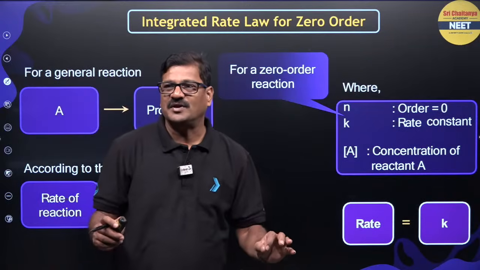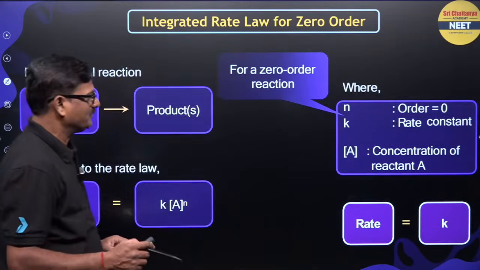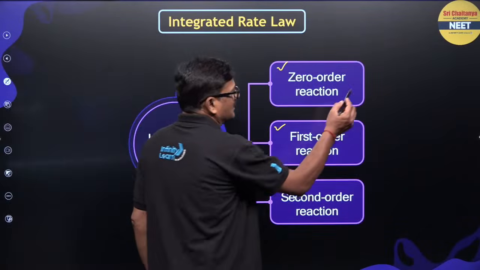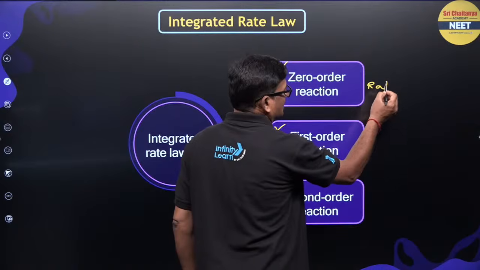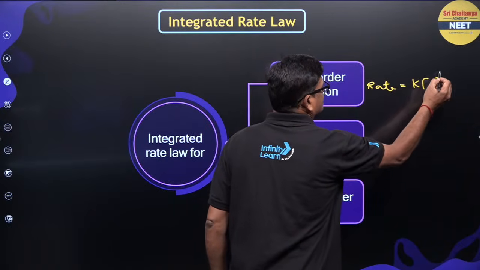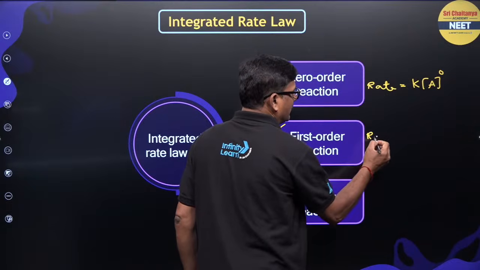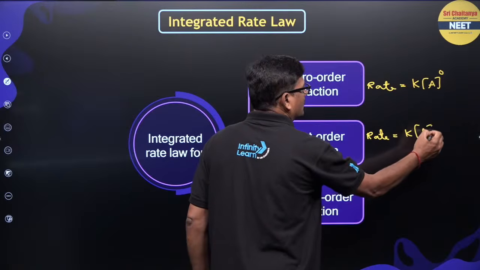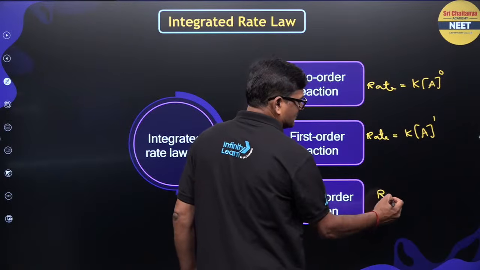What is the meaning of a zero order reaction? Look at this. Let us say rate is equal to k[A]^0, it is a zero order reaction. Rate is equal to k[A]^1, it is the first order reaction.